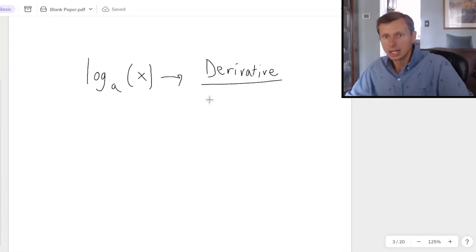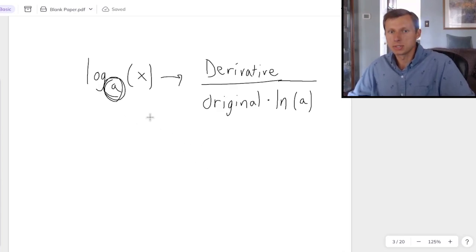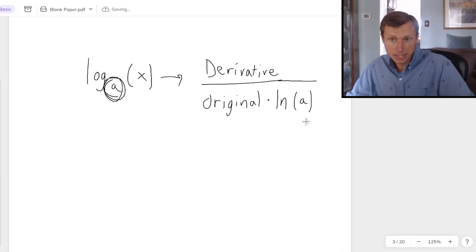That didn't change. In the denominator, it's the original times the natural log of whatever your base was. In other words, that a right here. So if that was a 3, it'd be natural log of 3 in the denominator.